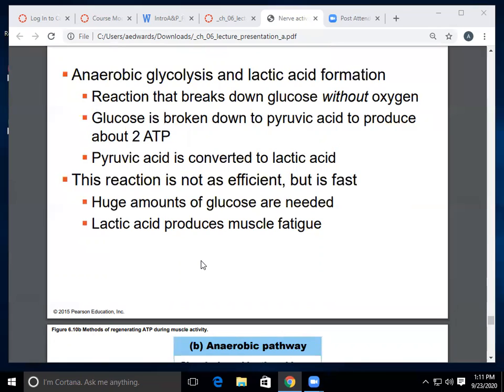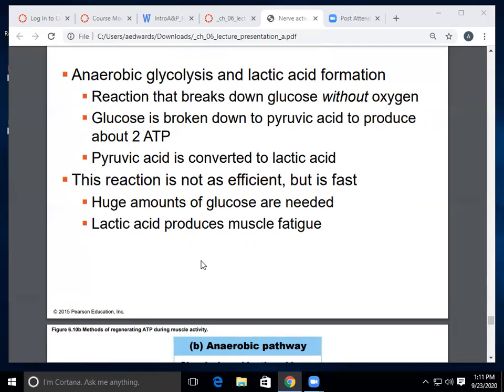So there's also anaerobic processes, glycolysis and lactic acid formation. So you're breaking down glucose with no oxygen. You get 2 pyruvic acids, okay? So essentially glucose has 6 carbons in it. Pyruvic acid has 3 carbons. So you just basically cut it in half. And you get 2 ATP molecules out of that.